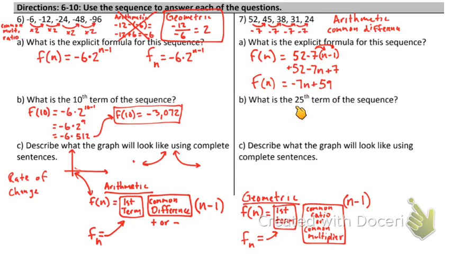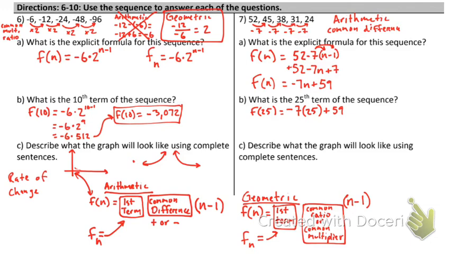Okay? And we're going to find the 25th term here. So that means I got to plug in 25 for n. All right. And then do order of operations.